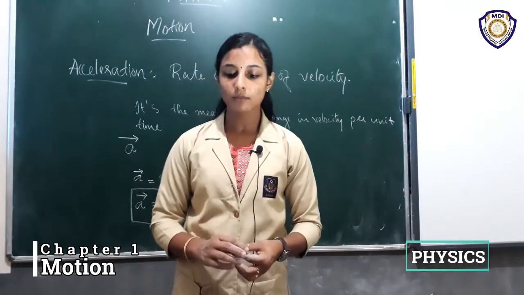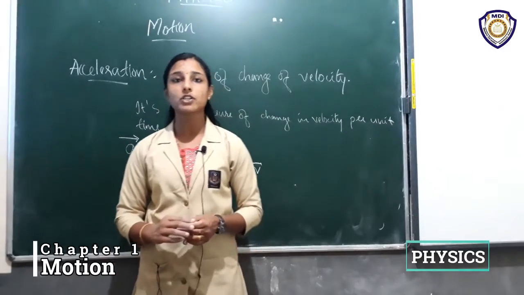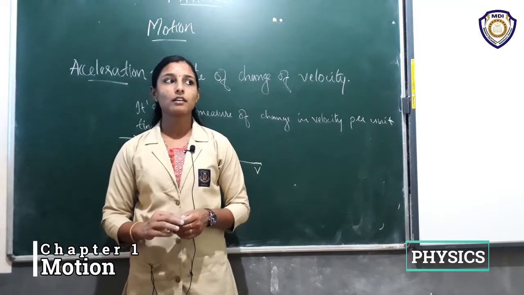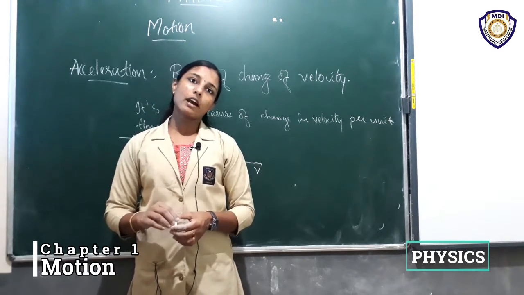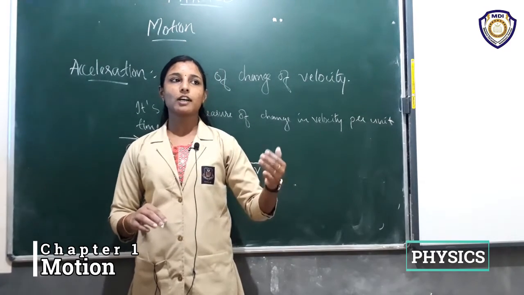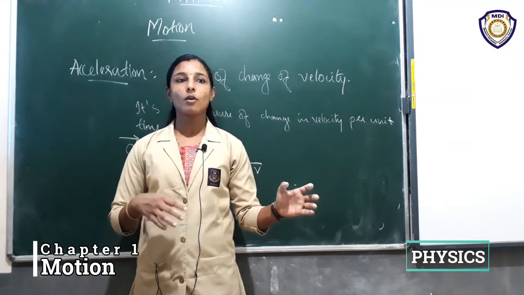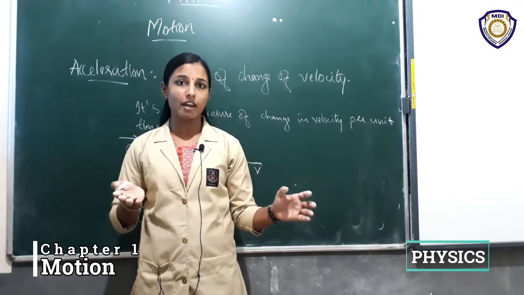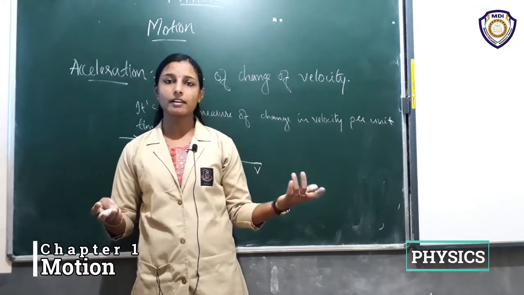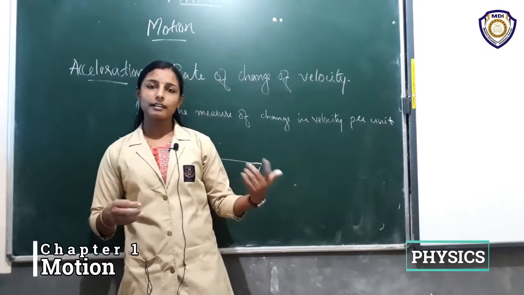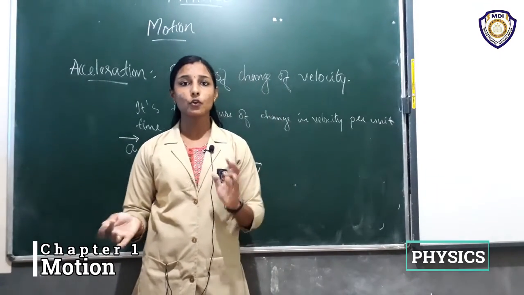So, what will be the example of non-uniformly accelerated motion? Suppose there is a car moving on the road. It can move slower in heavy traffic, or it can move faster if there is no traffic, right? So in those cases the velocity changes non-uniformly.